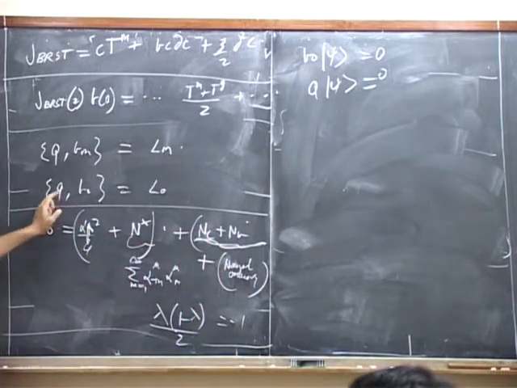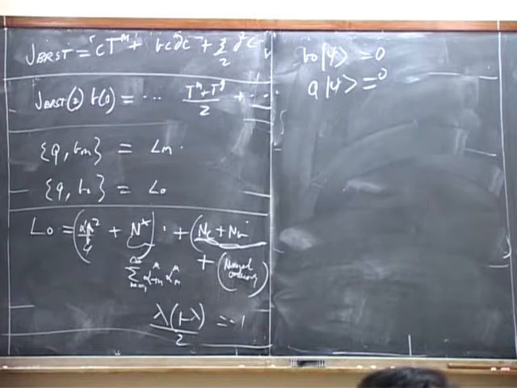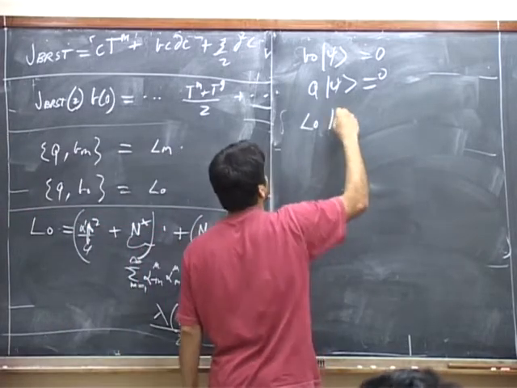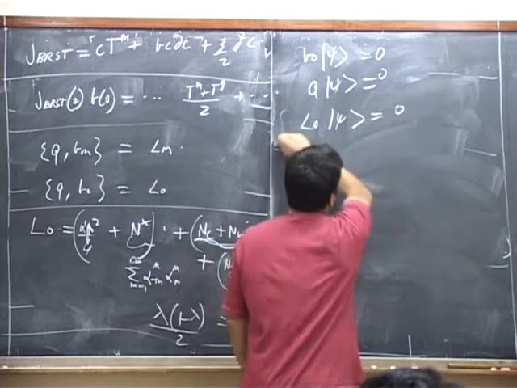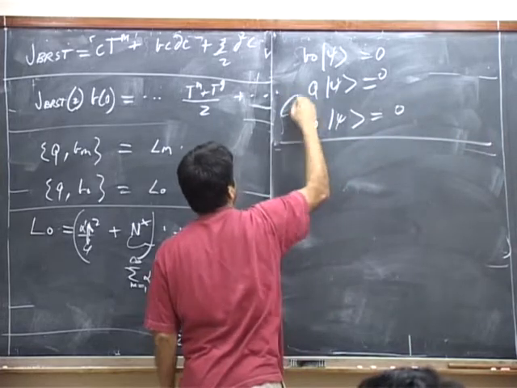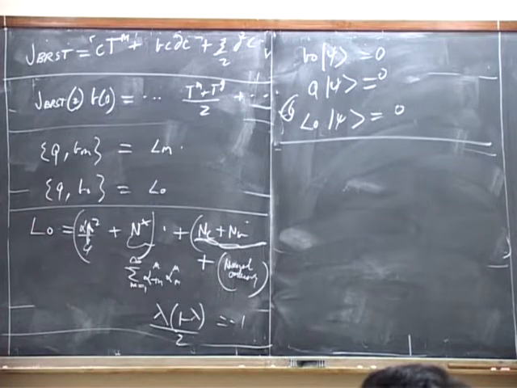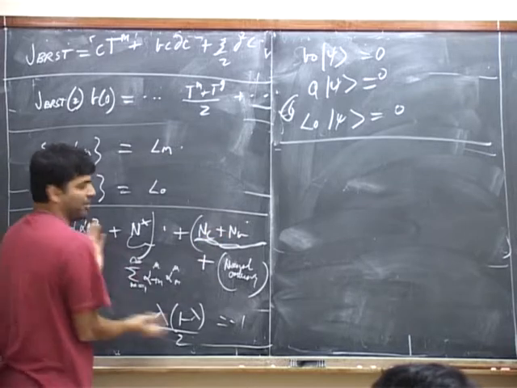But we also know that the anticommutator of Q with B0 is L0. So it follows that if both these conditions are imposed, we also want to impose the condition L0 on psi equal to 0. But remember, this is the full L0, including the normal ordering constant.